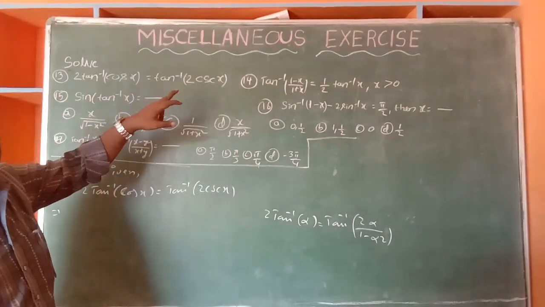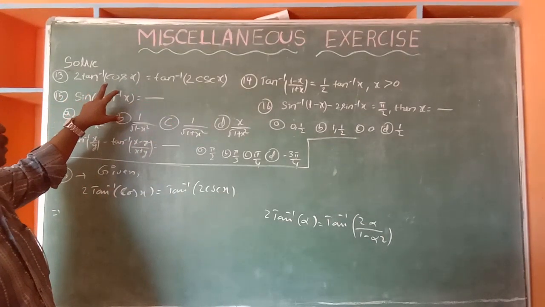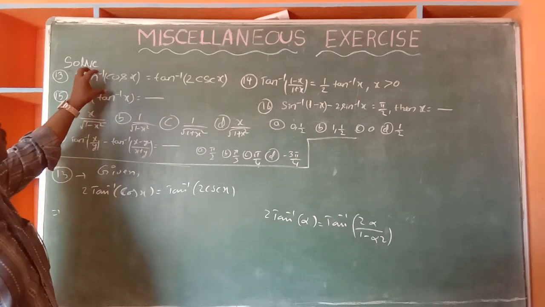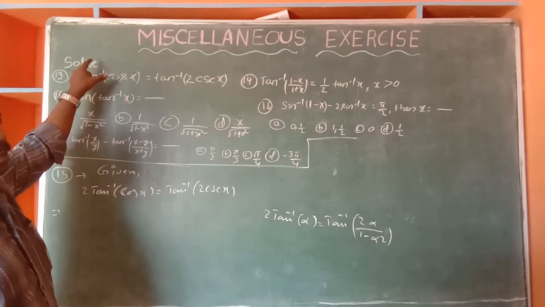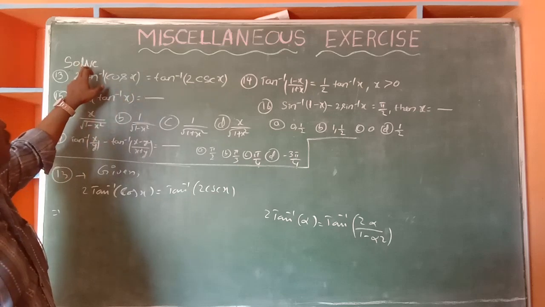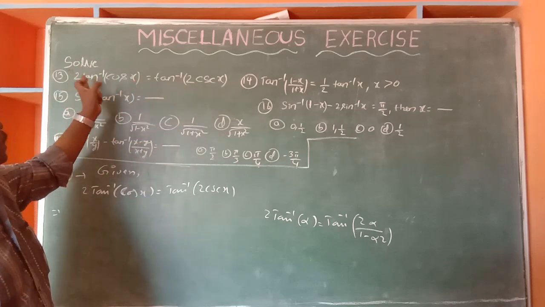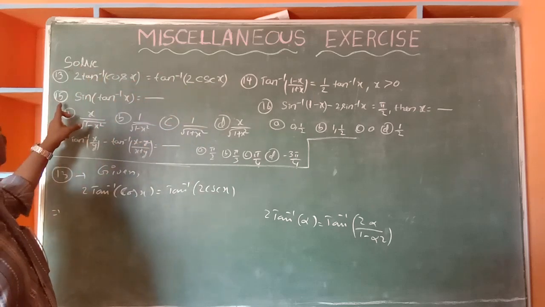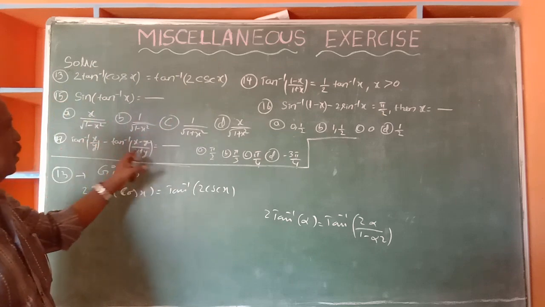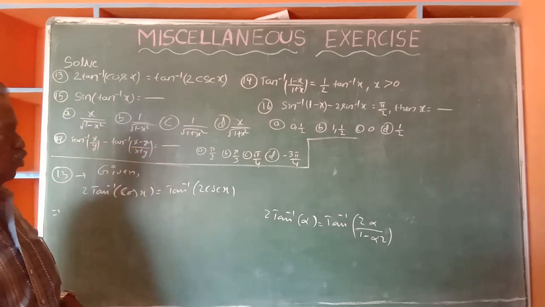Here 13 and 14 are the problems where, from the condition, we find the value of x. Those are the solutions for these two problems, 13 and 14. Whereas 15, 16, 17 are the objective type questions.